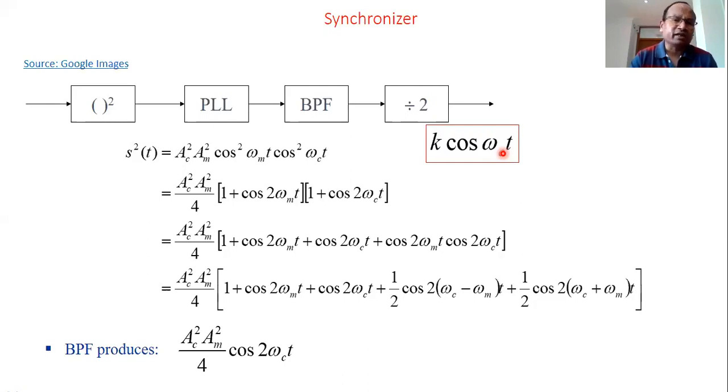And there is nothing wrong in sending two sidebands because the message is there only in the two sidebands, not contained in the carrier signal. This is how the power efficiency is improved. But this improvement is obtained at the expense of some complexity which is introduced at the receiver.